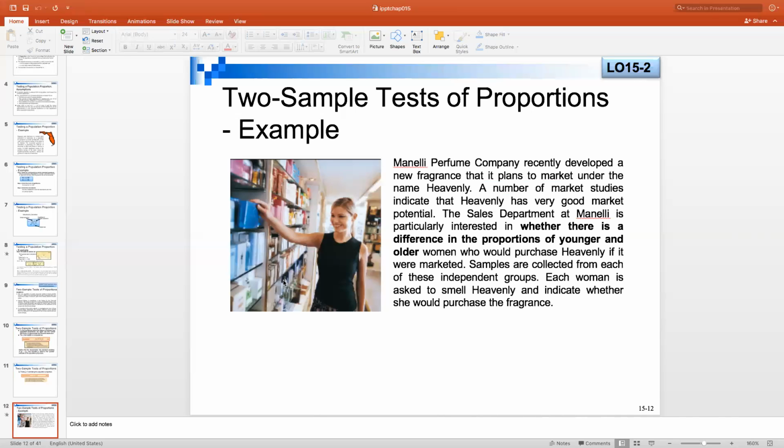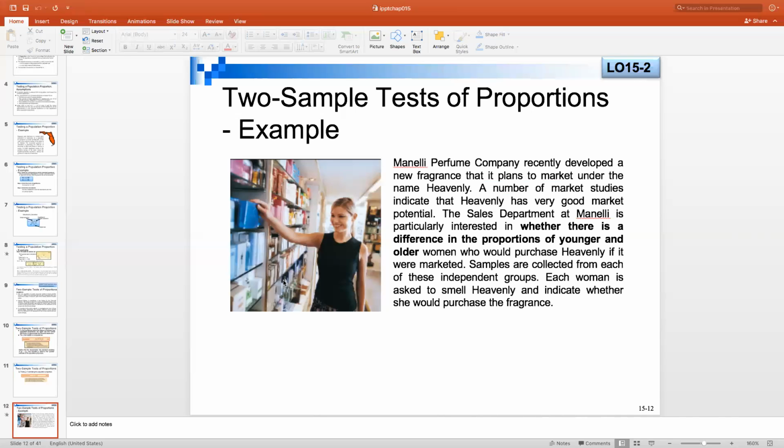Okay, so we can see what's in play here, right? There's a new product, and if you're a marketing major or even management, this is everyday, critical stuff. So you've got a new product. Do people like it? And if they do like it, what kind of people like it? Before you can put it on the shelves, you might want to know who you want to spend your marketing dollars on.